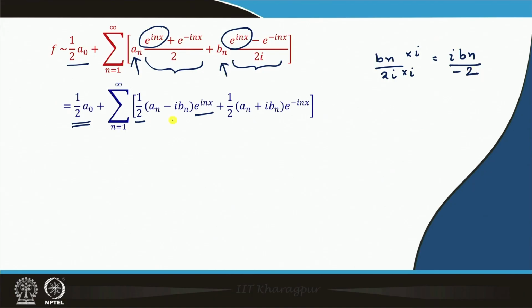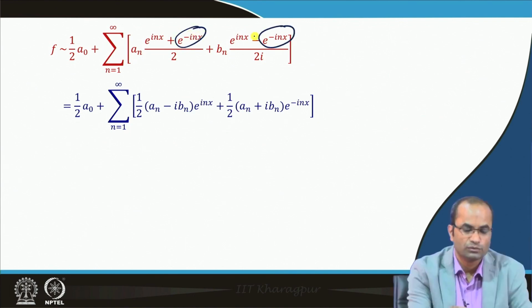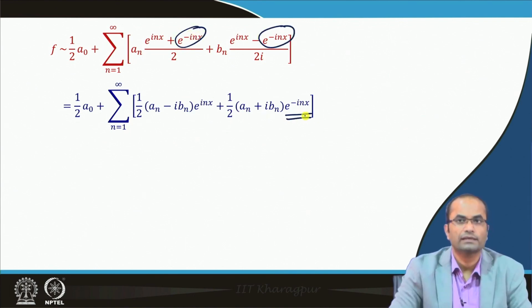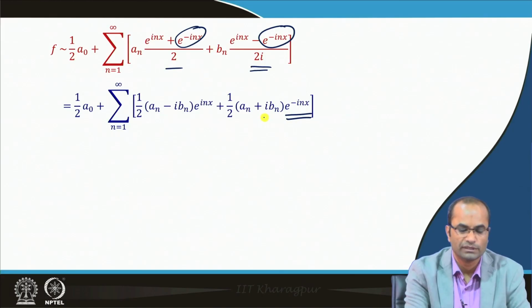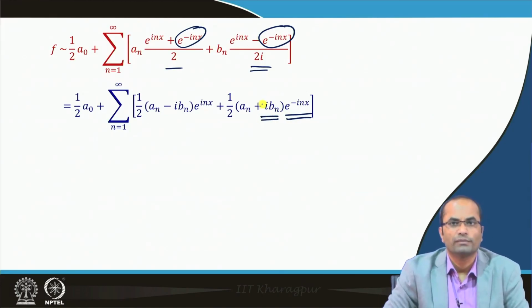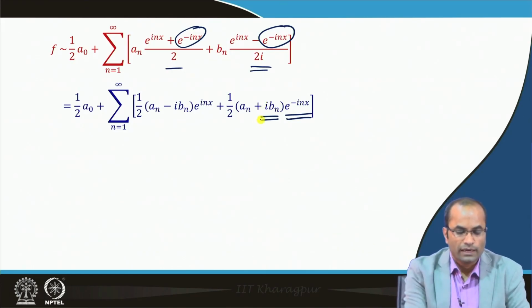Similarly for the second one, e power minus i n x we take common again, with the half factor, and similar setting can be done, but this time there was a minus sign, so it will come automatically as the plus sign.